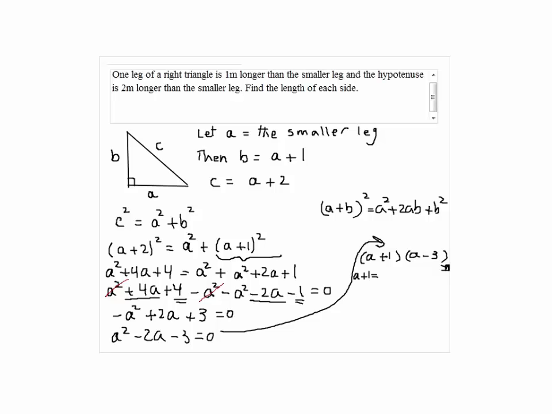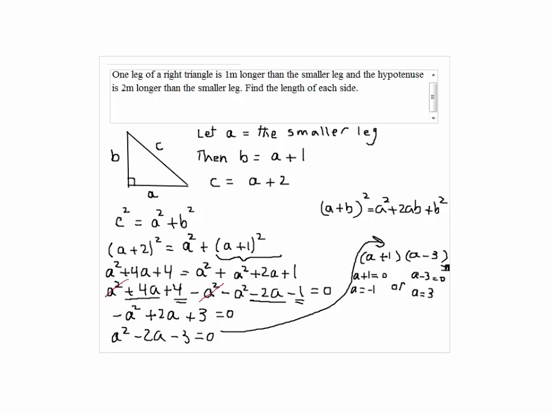So we have a plus 1 equal to 0, a is equal to minus 1, that's not acceptable, we cannot have a negative for the length. And we have a minus 3 is equal to 0, so a would be equal to 3.